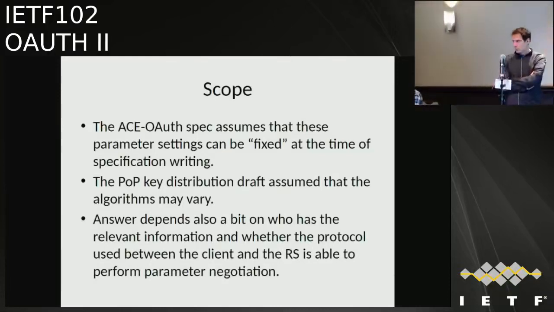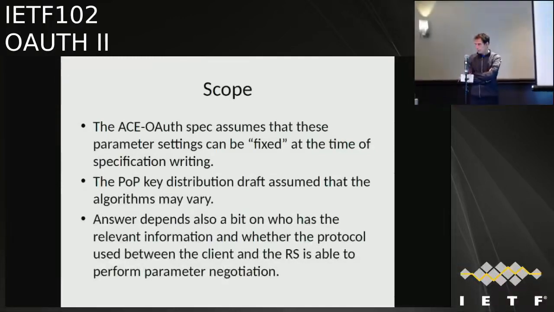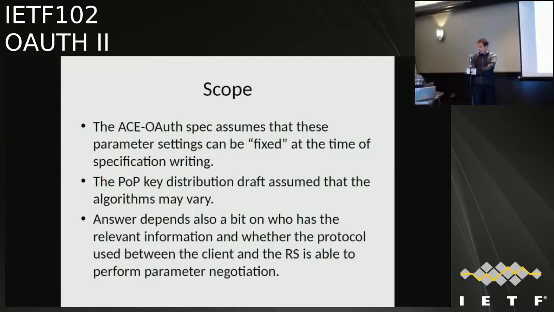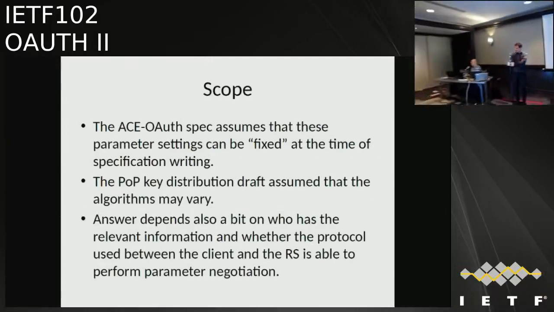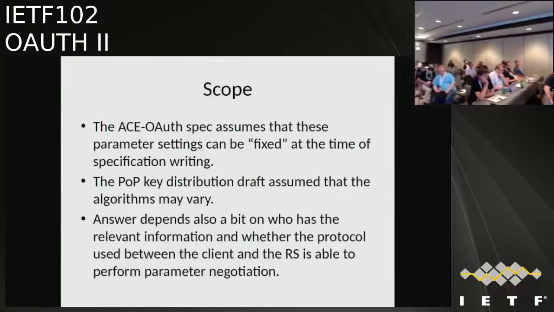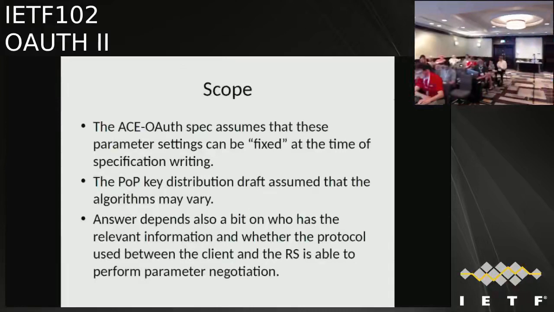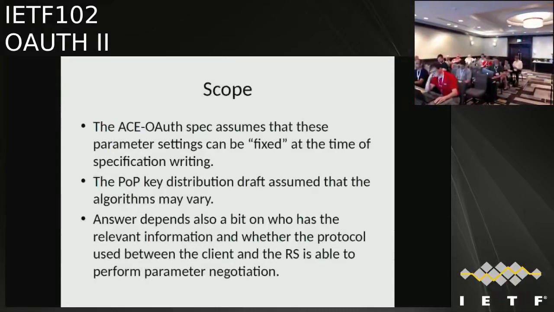It also depends on what document it is, and what working group is proceeding with it. This is all irrelevant if we don't proceed with the PoP key distribution. We will proceed. There's no question. That's another question. No, that's not a question.